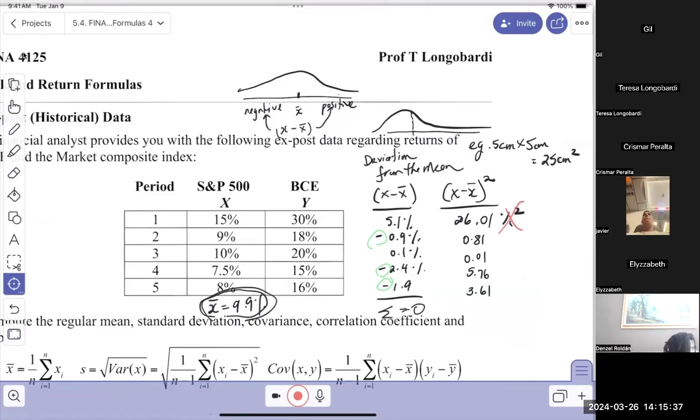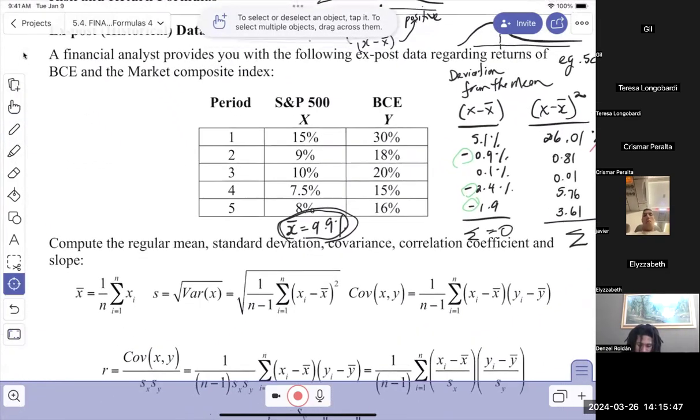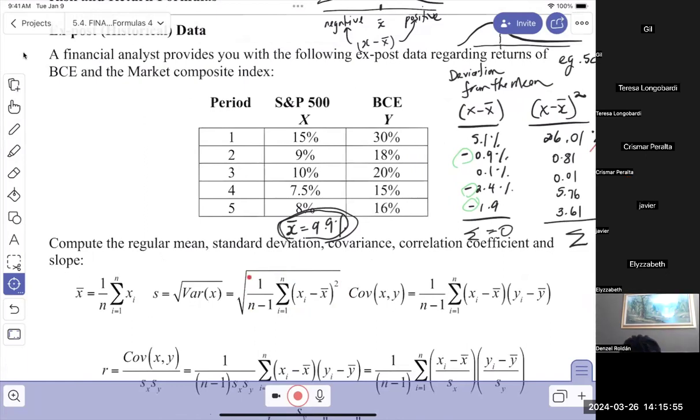What we're going to do instead is average these values, summing them and averaging them. Here's the formula that you should have seen for standard deviation. This is what we did. We squared the deviations from the mean, and I'm suggesting we have to average them, just like we did over here, but we use one less.